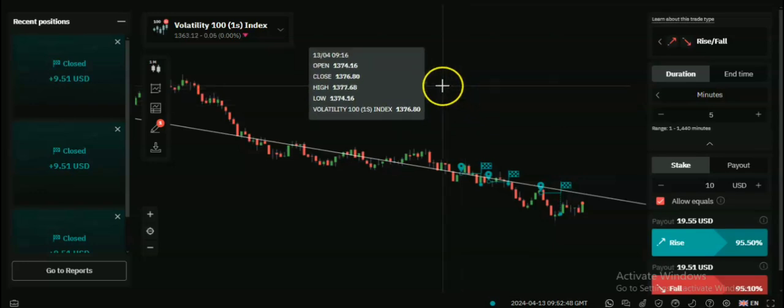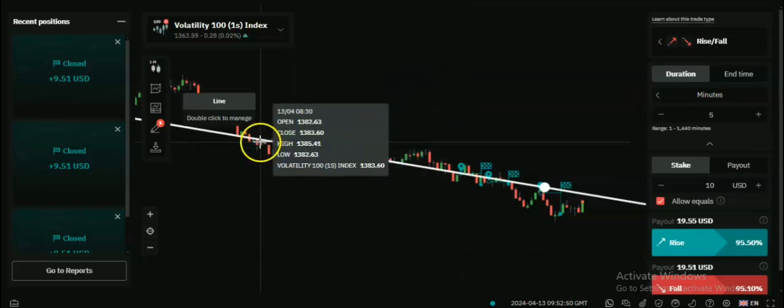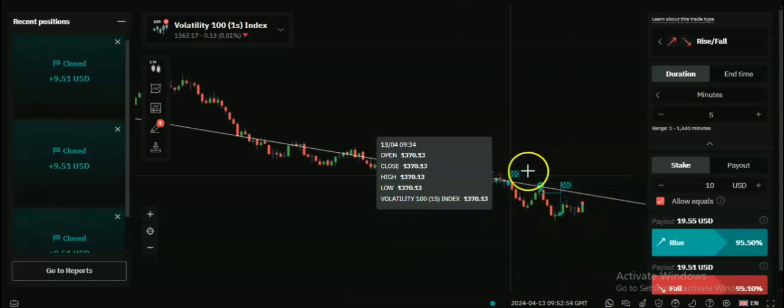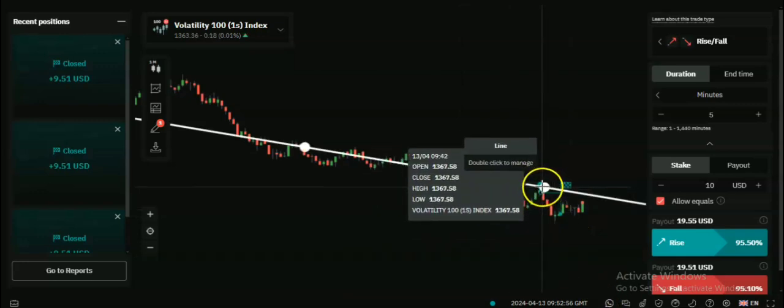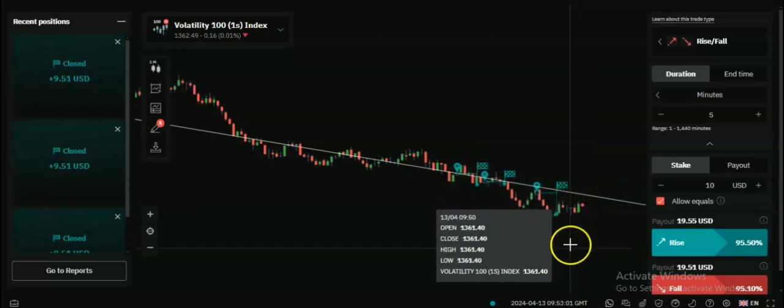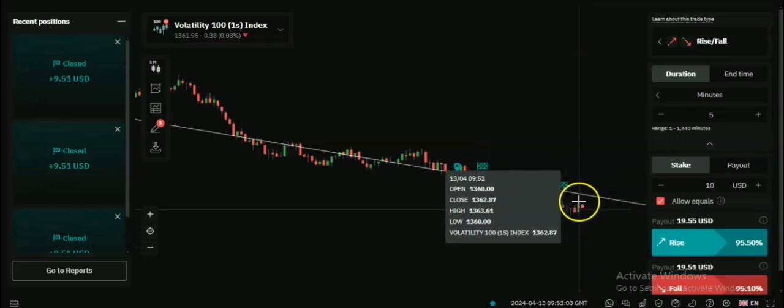Like I said earlier, our candlesticks are 1 minute and our trade expiry time frame is 5 minutes.